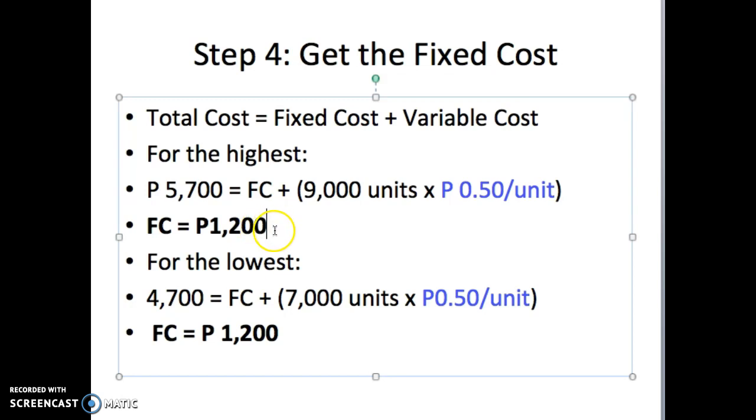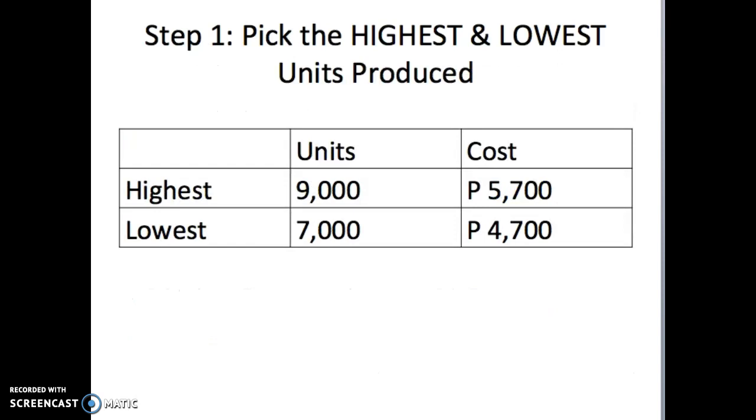Now, if you want, you can also apply it for the lowest, since we're computing for the fixed cost, and fixed cost is not really dependent on the number of units produced. Obviously, the fixed cost in the second scenario will also be 1,200. But just to show you how it works, for the lowest number of units, 7,000, the cost was 4,700.